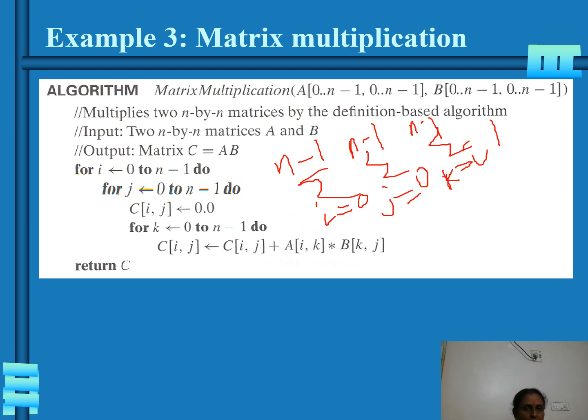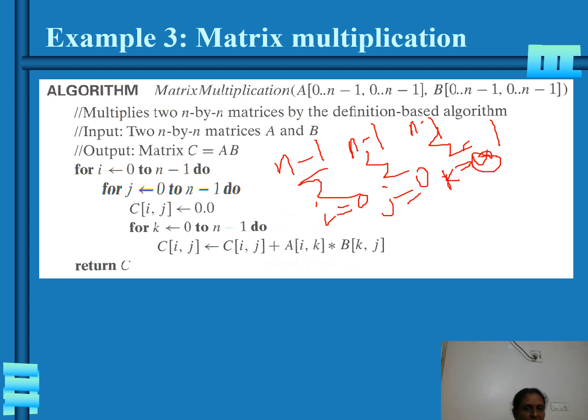Since it is a constant term, if you simplify this, what is the formula? Upper limit minus lower limit plus 1. So for k equal to 0 over n minus 1 plus 1, the minus 1 plus 1 will get cancelled and you will get n. If you take that n constant outside and simplify again, you will get one more n, so it becomes n square.